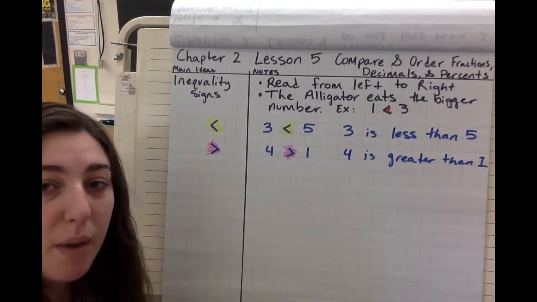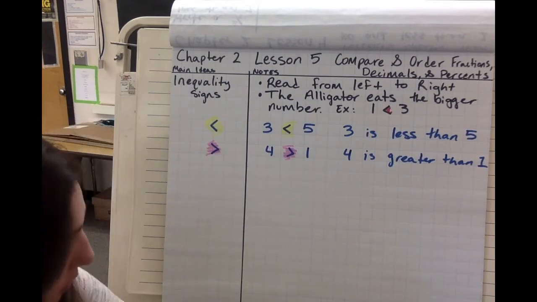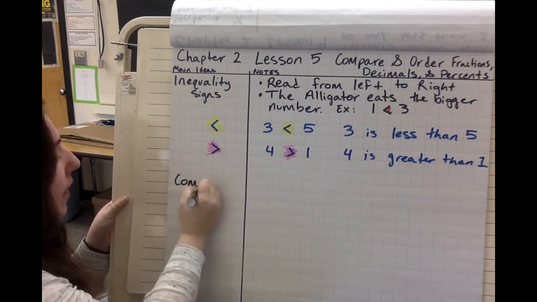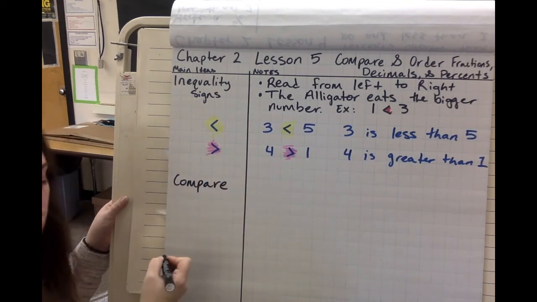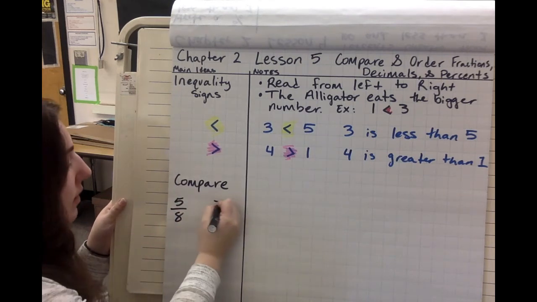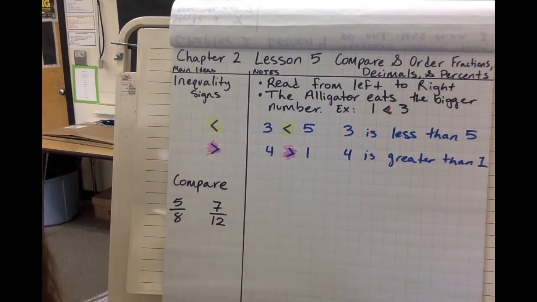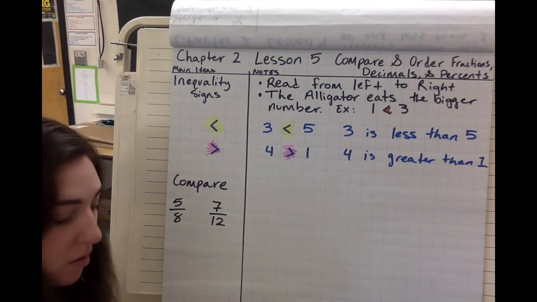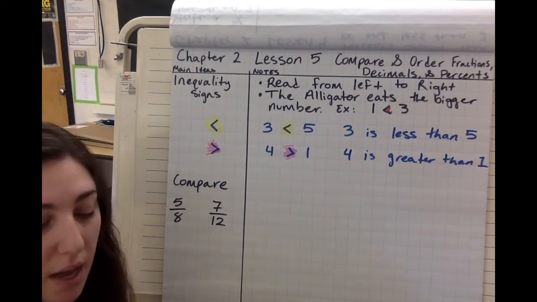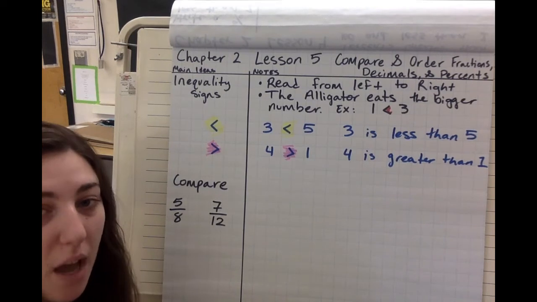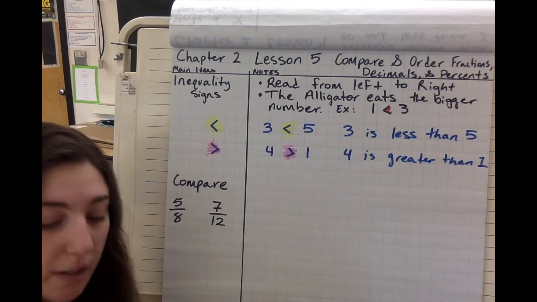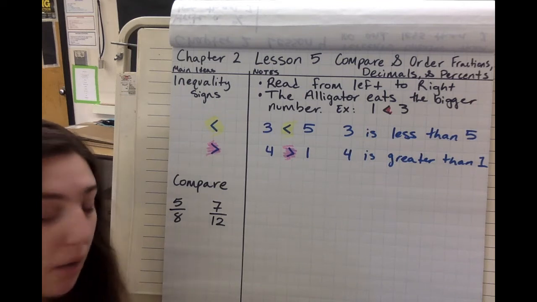All right, now let's start comparing and ordering fractions. So we are going to compare 5/8 and 7/12. To compare 5/8 and 7/12, we're going to have to use a common denominator. You might remember us using common denominators early on in the year.